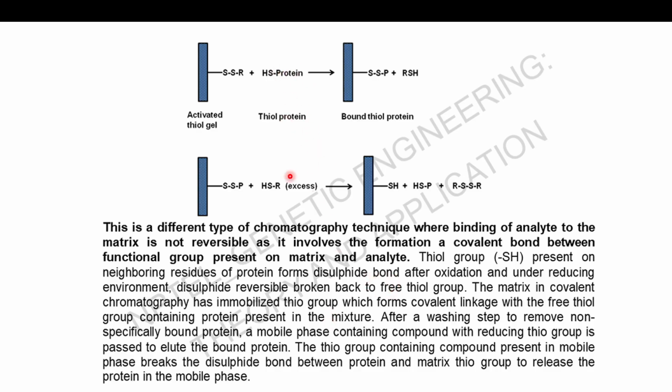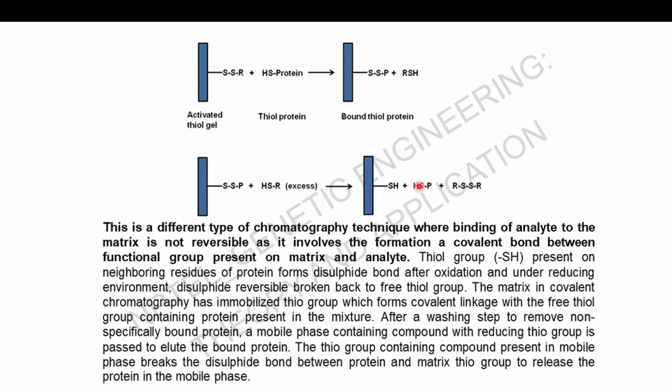Now, after oxidation, there is disulfide bond formation, and the matrix in the covalent chromatography has immobilized thiol group, which forms covalent linkage with the free thiol group containing protein present in the mixture. And when there's a washing step to remove the non-specifically bound protein, a mobile phase containing a compound with reducing thiol group is passed to elute out the bound protein.